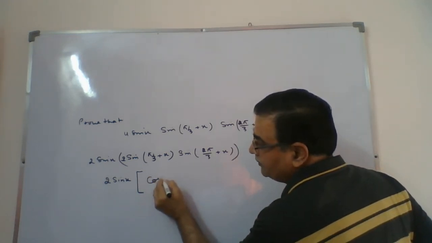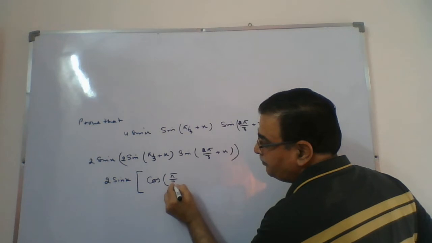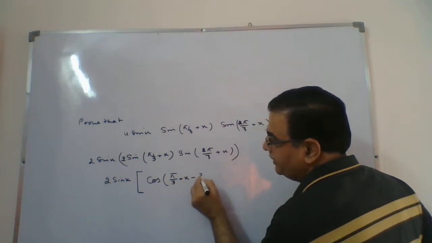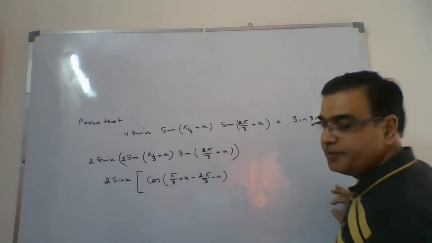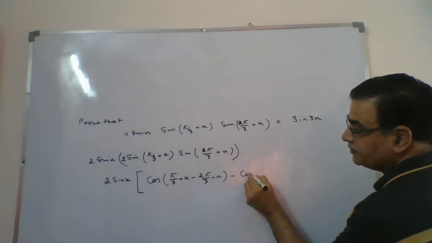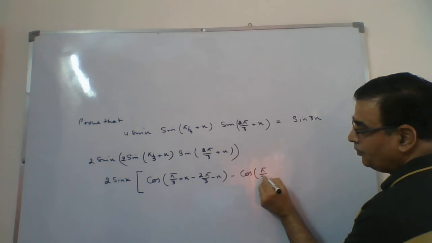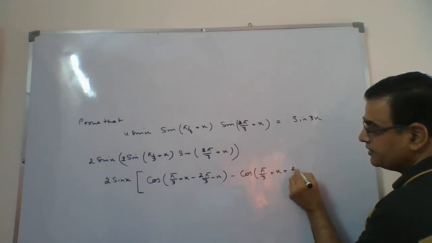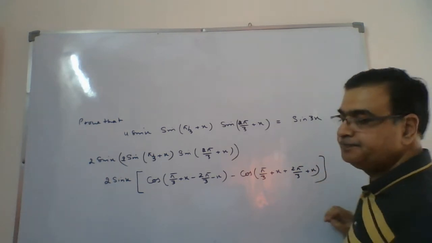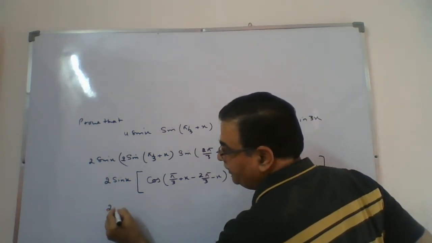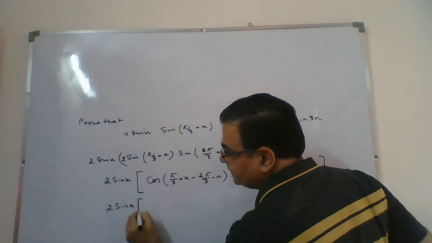So I get cos(A − B), which means (π/3 + x) − (2π/3 + x), minus cos(A + B), so (π/3 + x) + (2π/3 + x). Now when you solve it, it will come out to be 2 sin x.